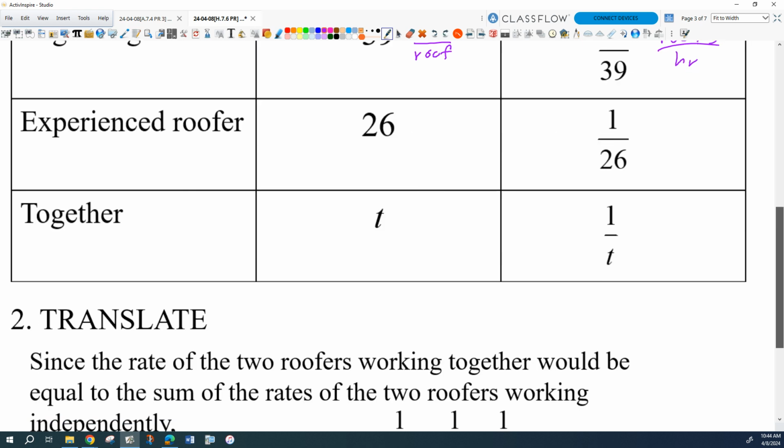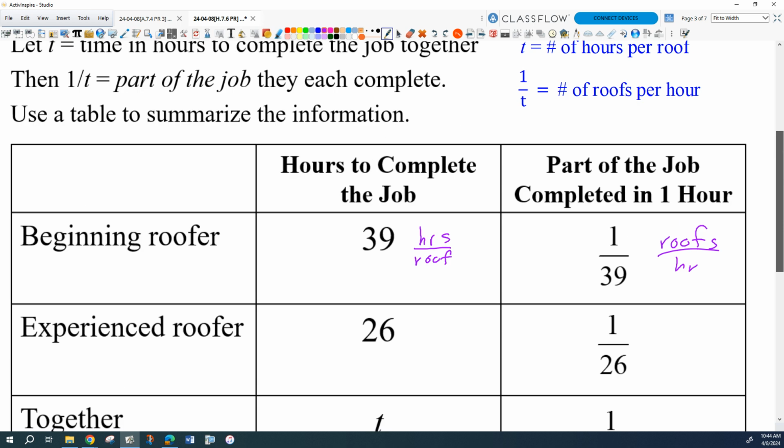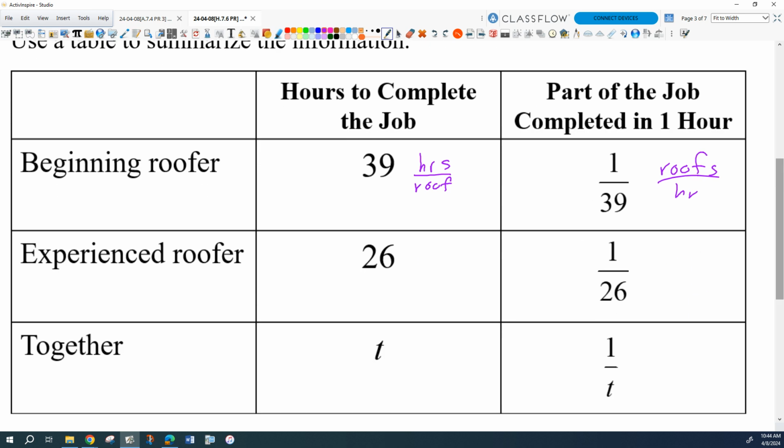So together, we could say that the total time required for these guys to do this job, we'll call it T, and we don't know what that is yet. That's what we're trying to find. We'll call this T sub E, the time for an experienced roofer, and this T sub B, the time for a beginning roofer, and we're trying to find the time if they work together.